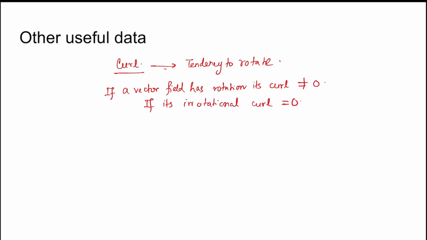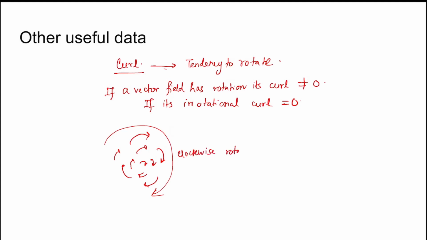So for example, if a vector field is like this and the arrows you see are having a rotation like this, a clockwise rotation. For clockwise rotation, the curl is into the plane and negative, not equal to 0.